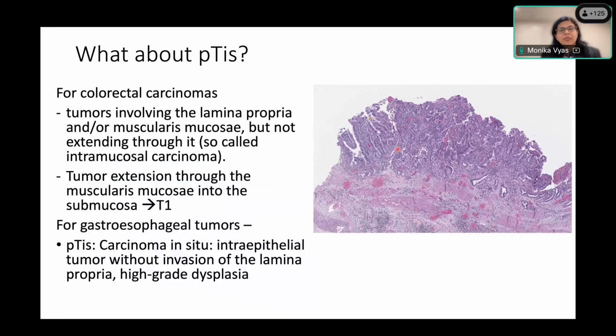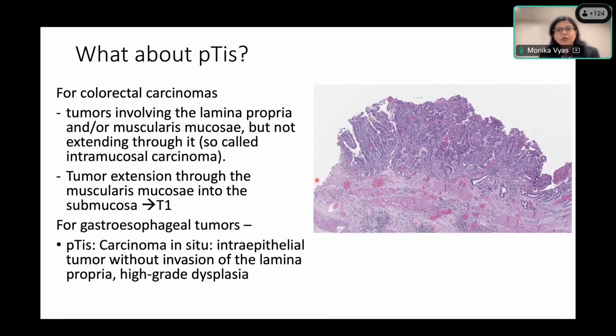So a little bit about the pTis, or intramucosal carcinoma designation, in upper and lower GI tracts. In the lower GI tract, when the tumor involves the lamina propria or muscularis mucosae, but not extending into the submucosa, it is still called intramucosal carcinoma and given a pTis stage.